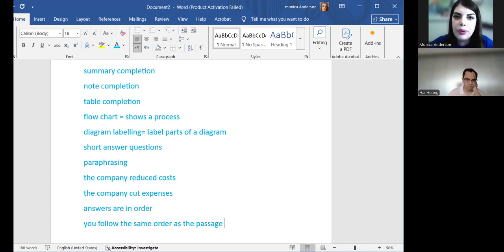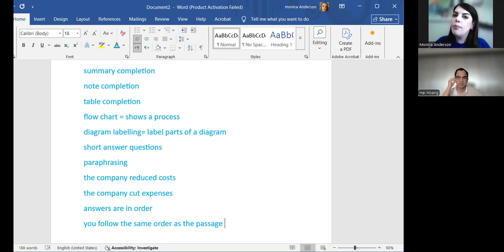For example, you have a question, you read the text, which contains 5 paragraphs. You can find the first answer in paragraph 2. So you know that the next answer will be in paragraph 3. After that, paragraph 4. So there won't be any answer in paragraph 1. They are in order. Question 1, question 2, question 3, question 4.